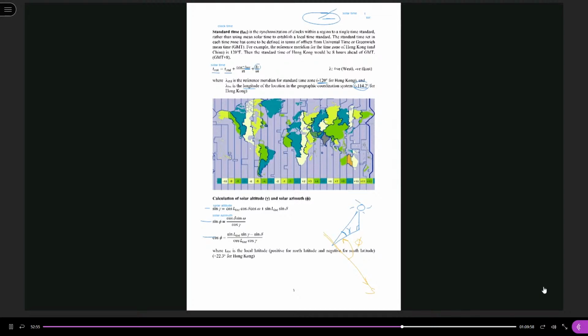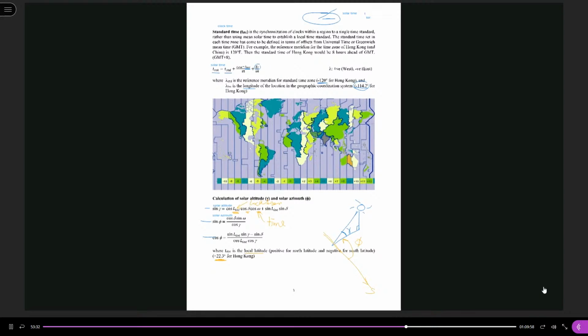In the solar altitude equation, we have LOC, the latitude, which for Hong Kong is 22.3 degrees. And then the solar declination and the hour angle, because solar altitude depends on time. The hour angle gives us the time of the day, and the latitude gives the location where we want to find the solar position.